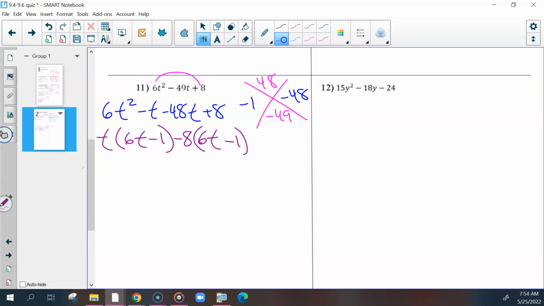So our two factors would be t minus 8 and 6t minus 1. So this one was worth 6 points. Do you have any questions on that one?